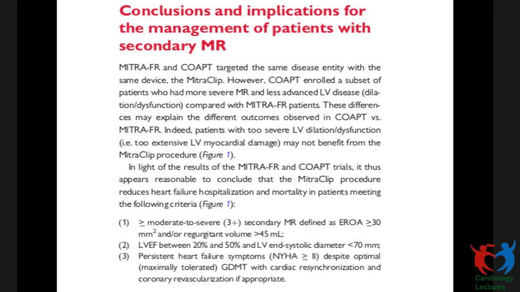The criteria: moderate to severe secondary mitral regurgitation, defined with an effective regurgitant orifice area greater than 0.3 mm square or regurgitant volume greater than 45, and ejection fraction between 20 to 50% with LV end systolic diameter less than 70, with persistent heart failure symptoms despite optimal guideline-directed medical therapy with cardiac resynchronization and coronary revascularization when it is appropriate.